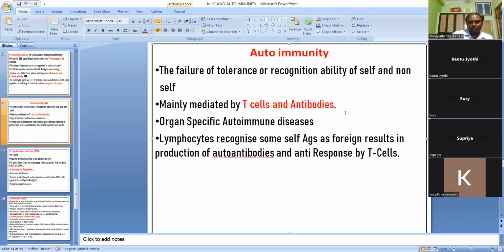Some are organ specific autoimmune diseases. Let's discuss some autoimmune diseases. In one discussion, lymphocytes recognize some self antigens as foreign. That results in production of autoantibodies and an anti-response by T cells.